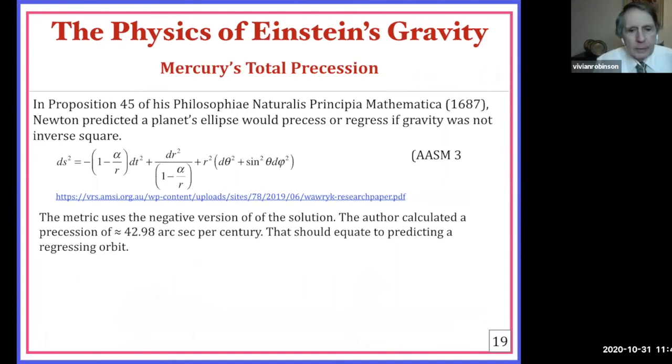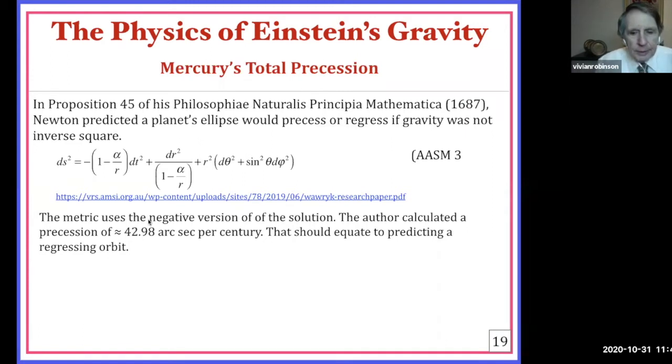So here's where it starts to get interesting. Other papers, of which this one is a reference, have derived Mercury's orbital precession using one of these accepted forms, or actually using this accepted form. The calculated result was a precession of 42.98 arcseconds per century. The interesting feature is that it is calculating in the opposite direction.